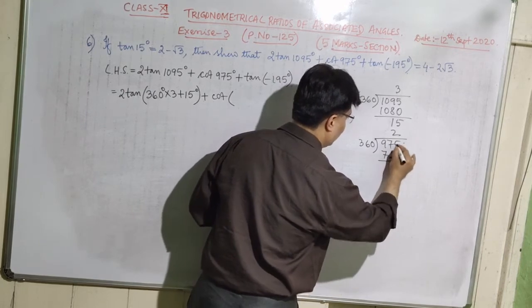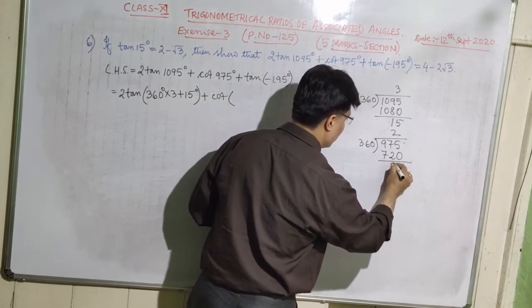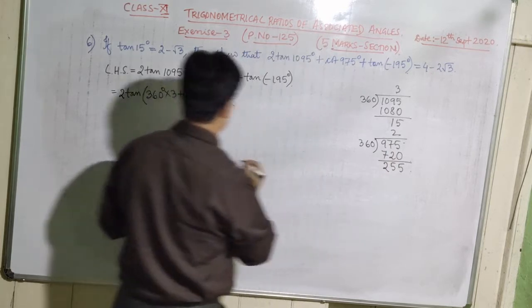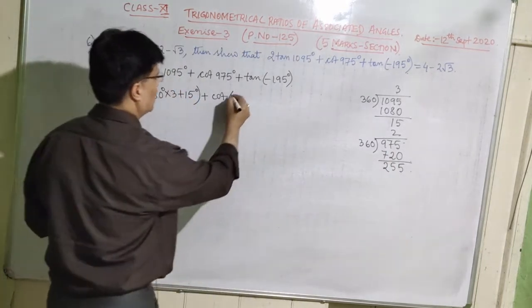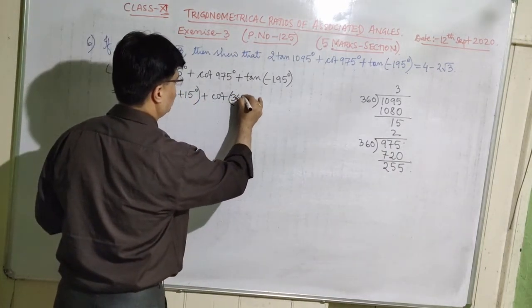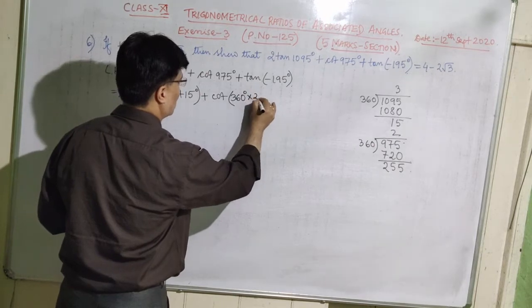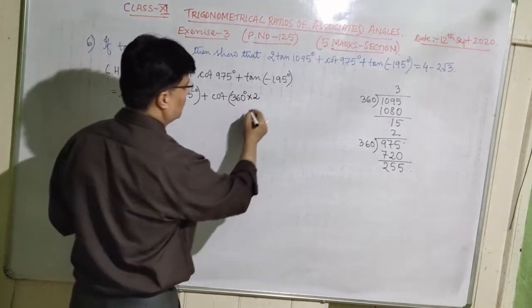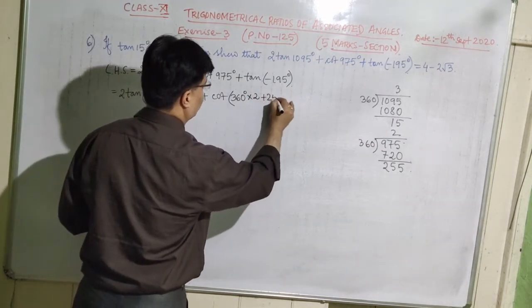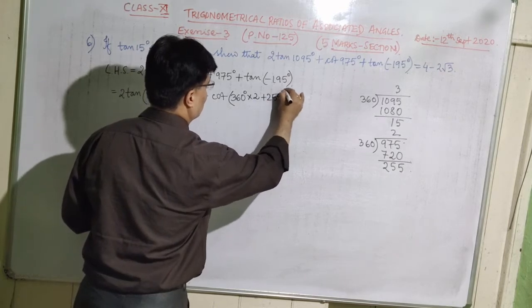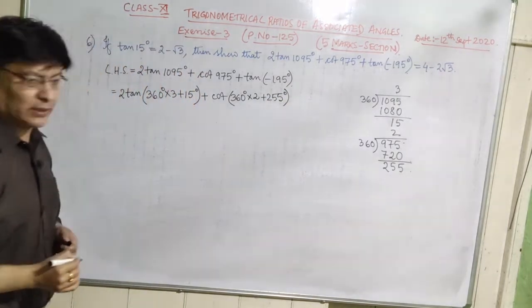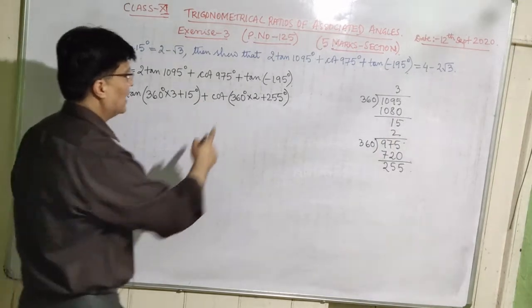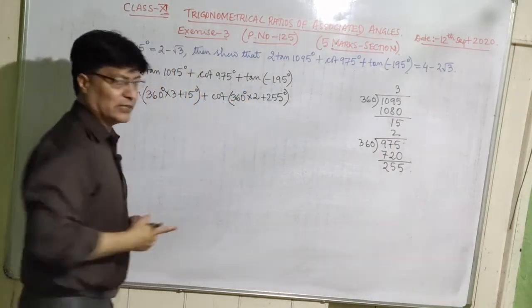So it is 5. 7 minus 2 is 5. 9 minus 7 is 2. So here you can write 360 into 2 plus 255 degree. And what about this tan of minus theta?